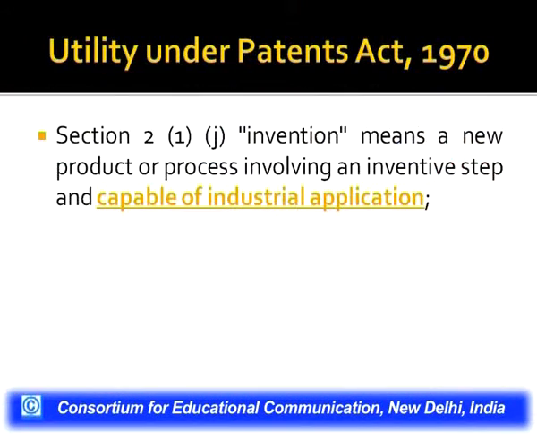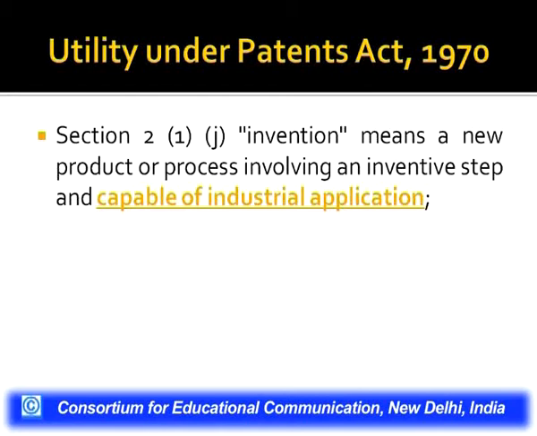Friends, if you have a look at this slide, as highlighted by me, capable of industrial application is one of the most important requirements for an invention to be granted a patent or to be called an invention for the purposes of patent.